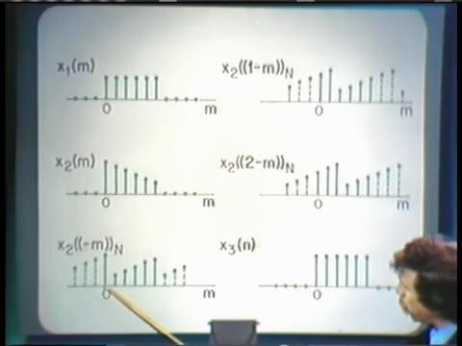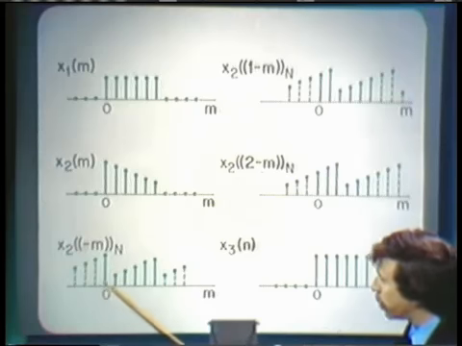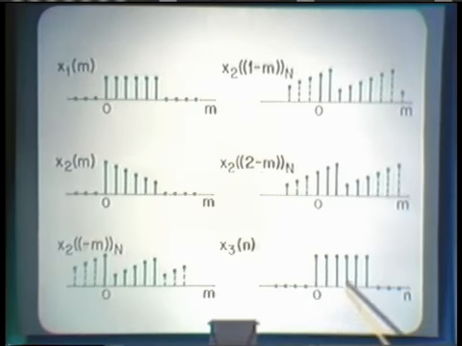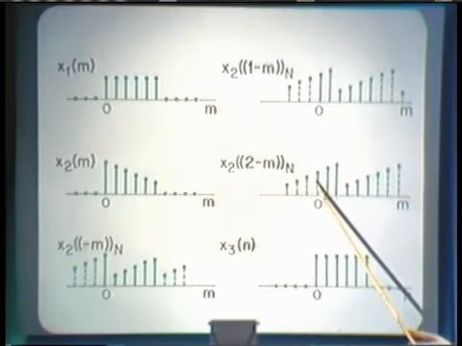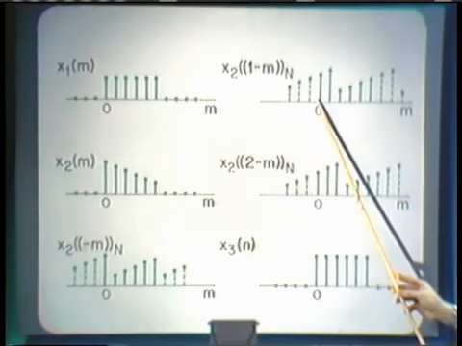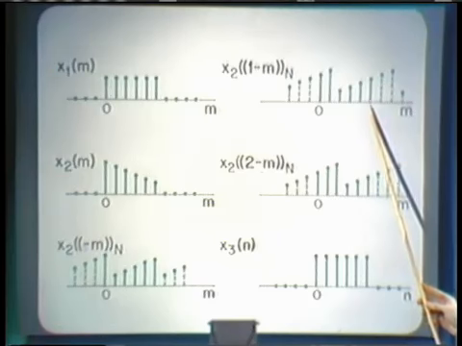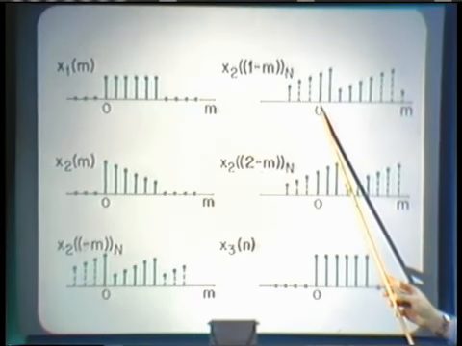In other words, if you circularly shift this to the right, that point comes back in on the other side. Here is the same thing shifted again another point. So we can think of having taken this one period, shifting it to the right, and this point comes back in again on the other side.